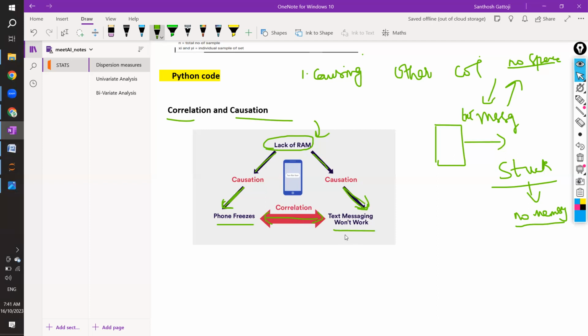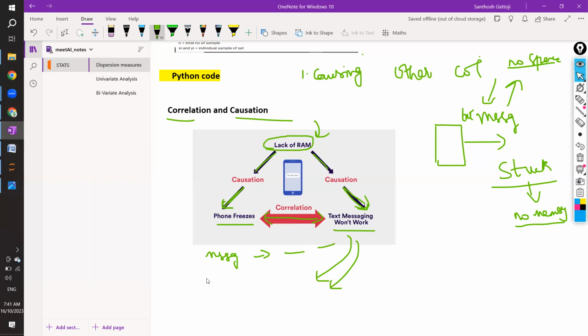If you are trying to send more and more text messages, for example, if you're trying to send a small message, the phone might allow it for some time, and then it gets stuck.